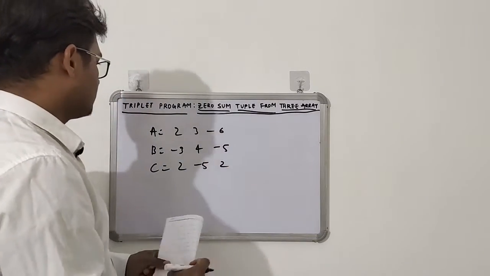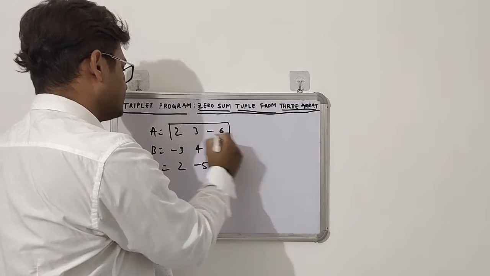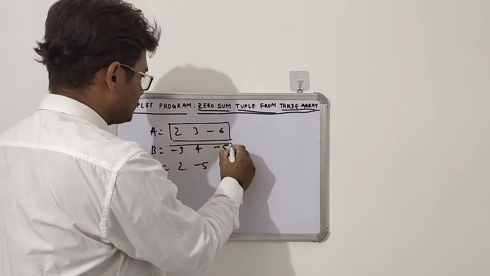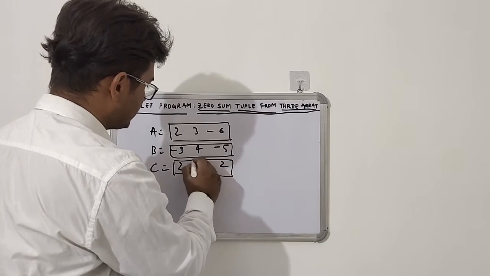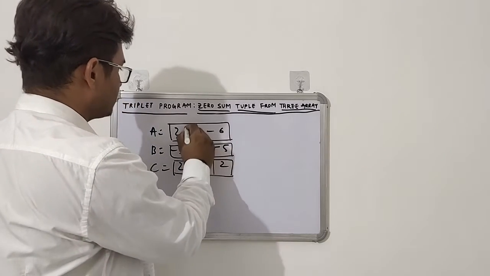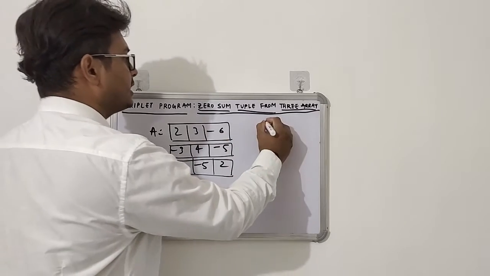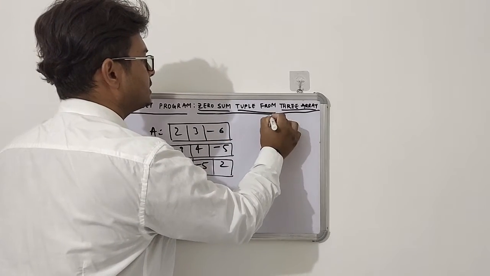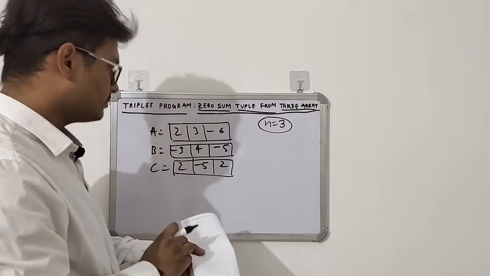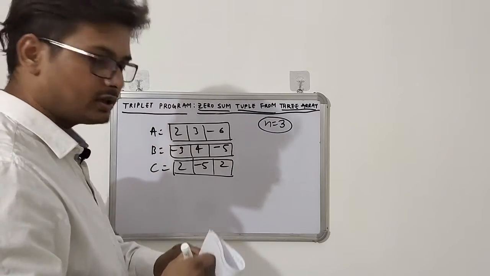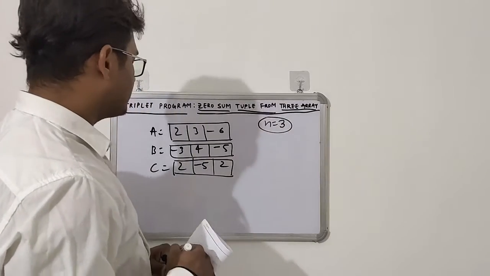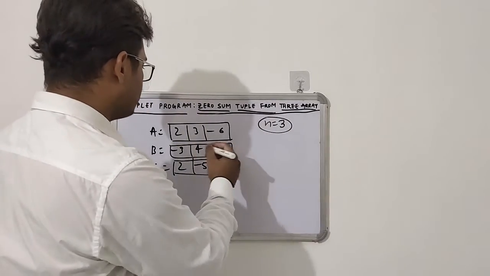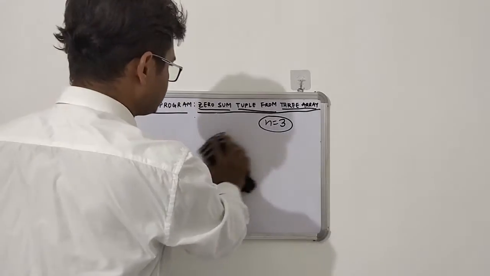Okay, now you can see, one minute, let me show it in array form. Here n equal to 3, where n denotes the number of elements in each array.